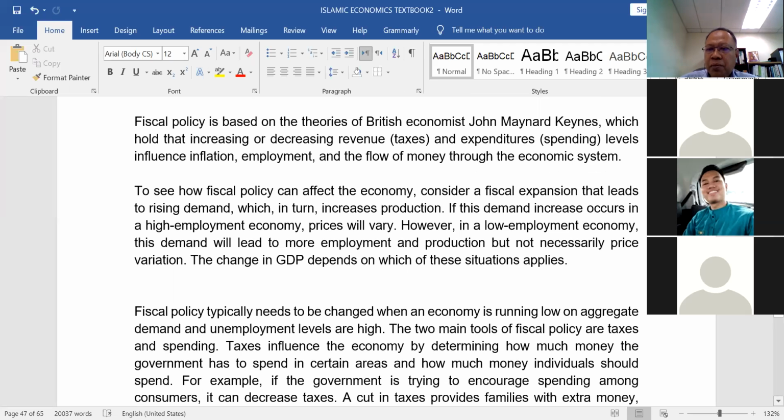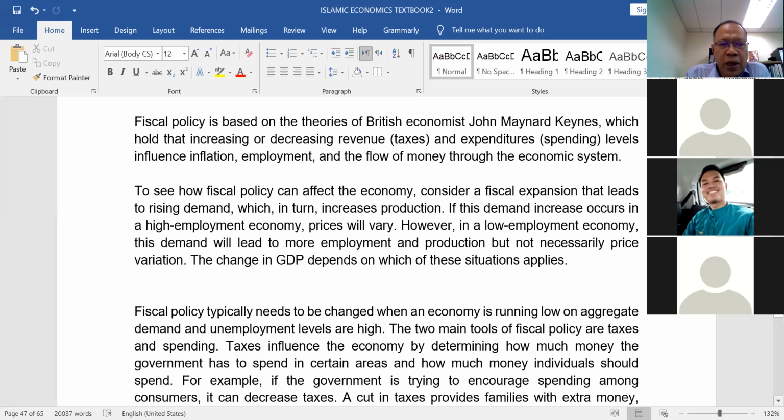Bila banyak kerajaan membelanjakan, contohnya untuk membuat infrastruktur seperti lebuh raya, hospital dan sebagainya, maka dia akan menyebabkan pendapatan atau wang dalam poket itu meningkat. Rakyat akan dapat limpahan, kontraktor dapat limpahan, supplier dapat limpahan.